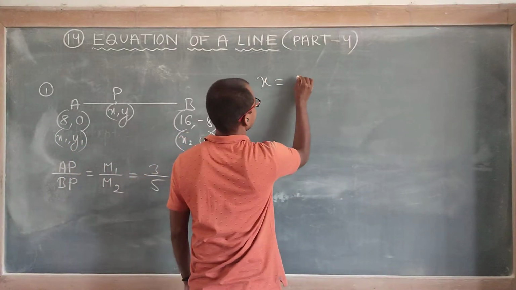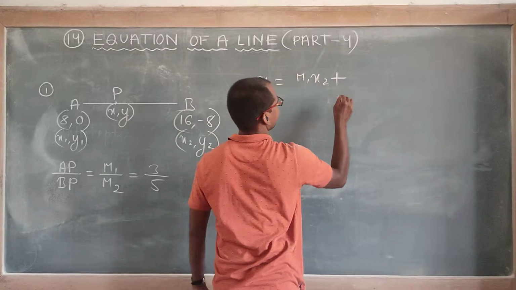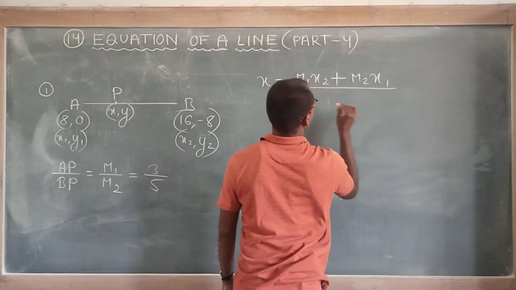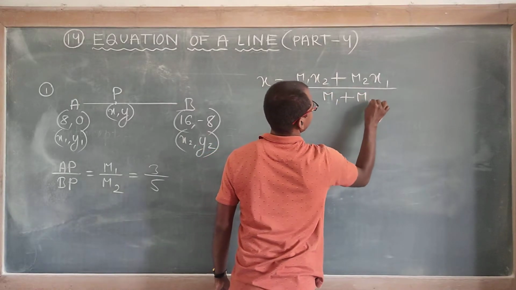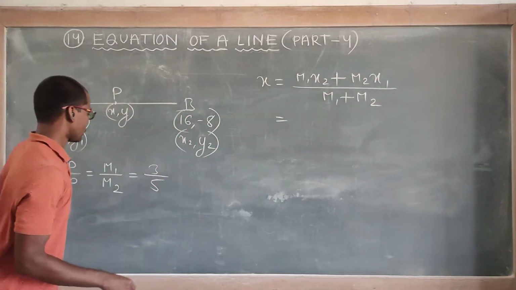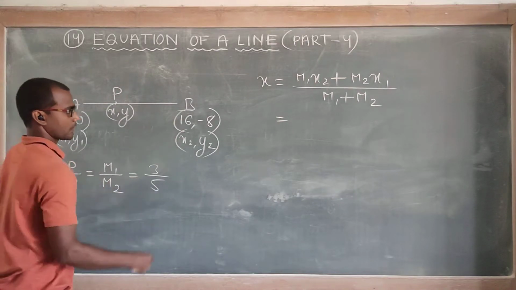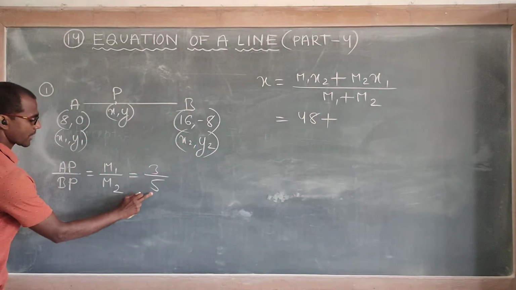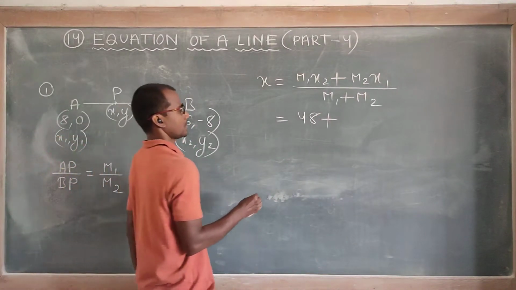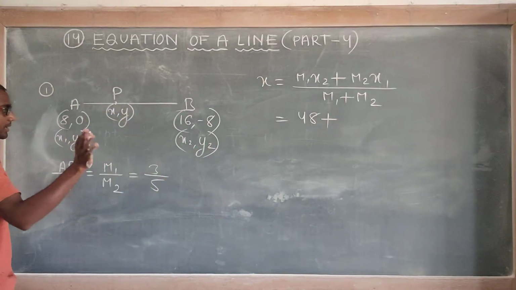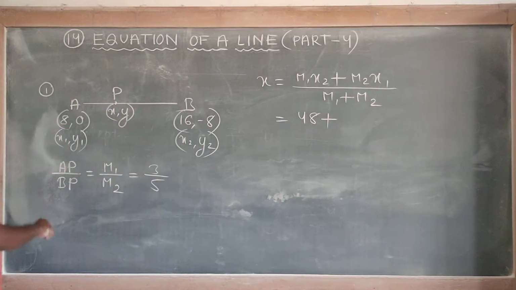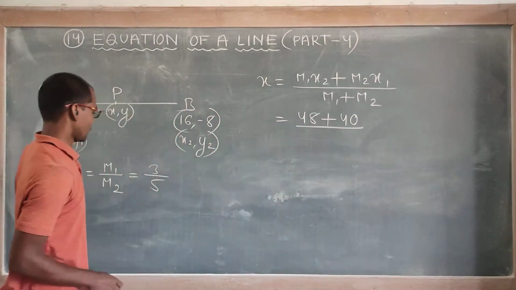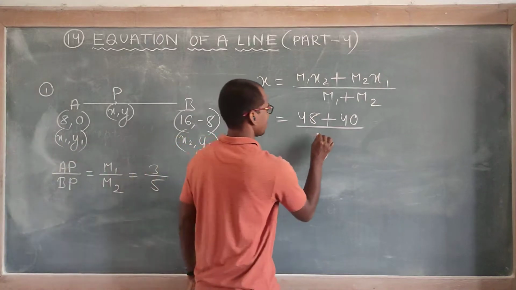So you can easily find the values of x and y. We have the formula x is equal to (m1 x2 plus m2 x1) by (m1 plus m2). m1 x2 means 3 into 16, 48. m2 x1, 5 into 8, 40. m1 plus m2, 3 plus 5, which is 8.